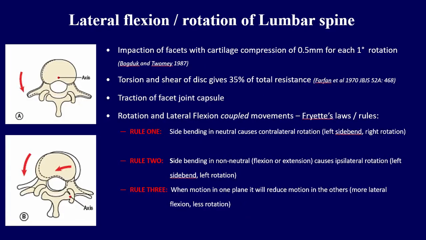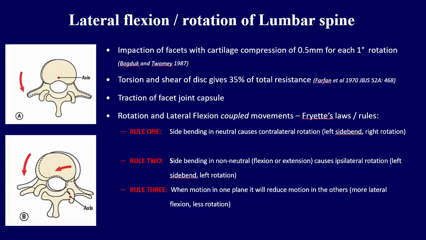Rotation and lateral flexion movements occur when one facet joint opens and the opposing facet joint closes, the axis of rotation being close to the front of the vertebral body. The limitation to movement is compression of the cartilage on the closing facet joints and torsion and shear of the disc as the vertebral body of one vertebra moves relative to its neighbour below.